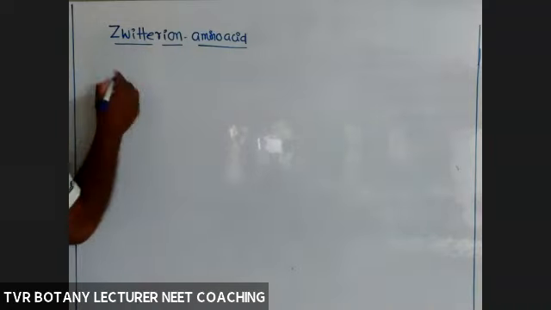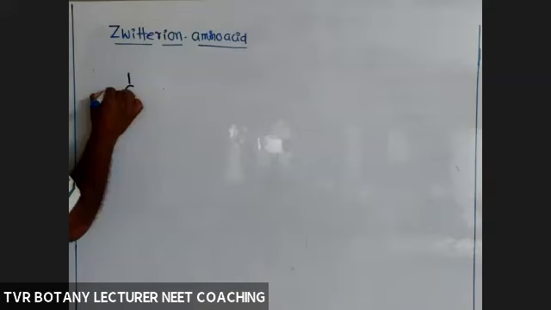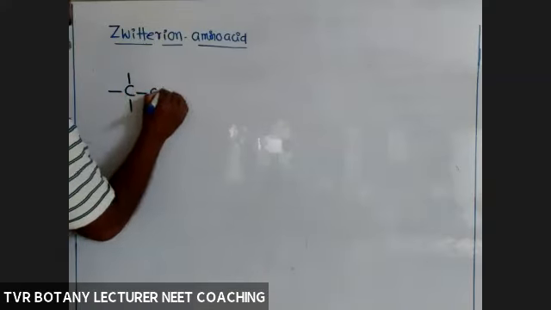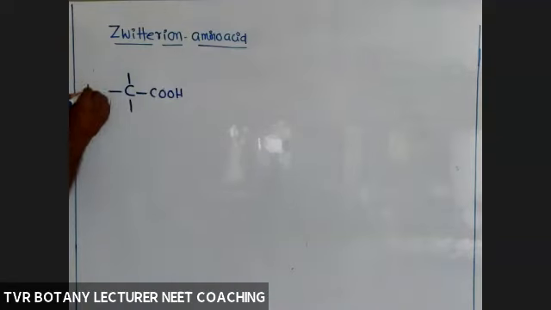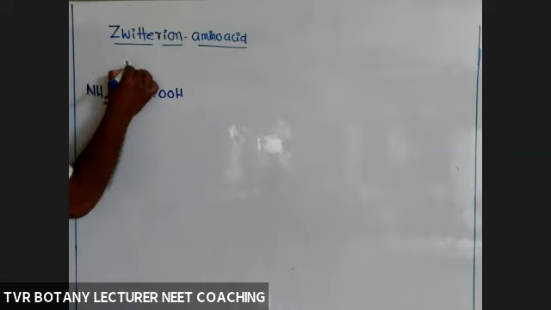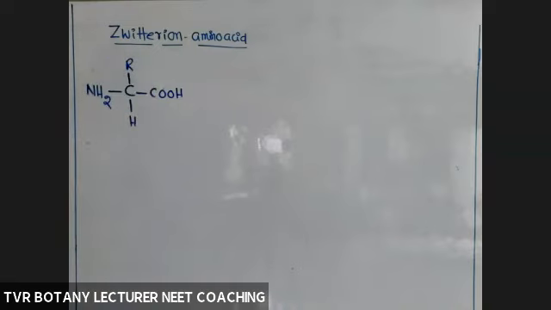So this is one amino acid, whatever the type of amino acid: alpha carbon atom, COOH, and here it is NH2, R group, hydrogen atom.